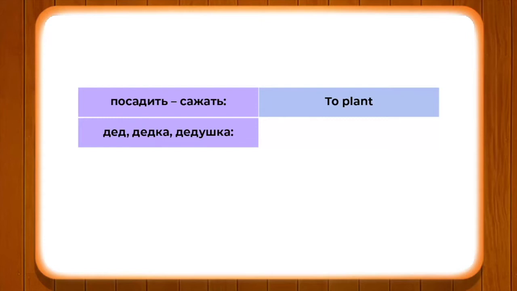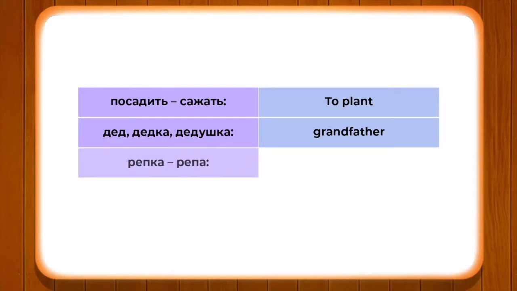The meaning of all these three words is grandfather. That means in Hindi we have Dadaji. Next word is Repka. You must have heard this word, right? Yeah, this is the title of our story. Repka means turnip, and turnip in Hindi is shaljam or shalgam.